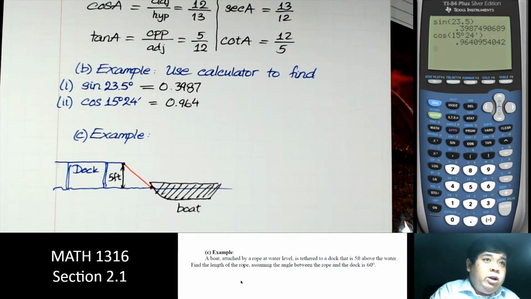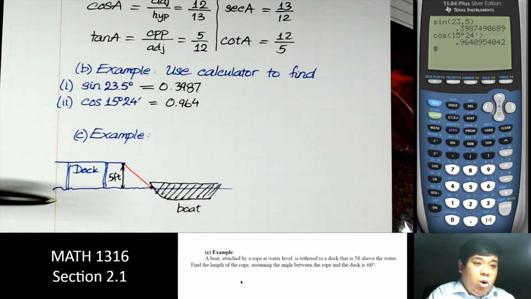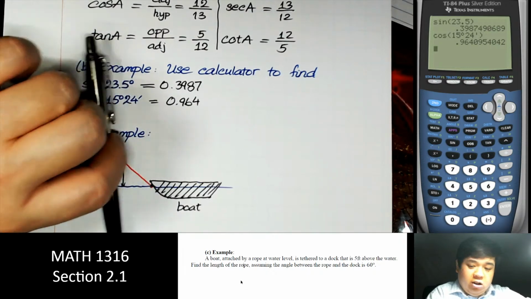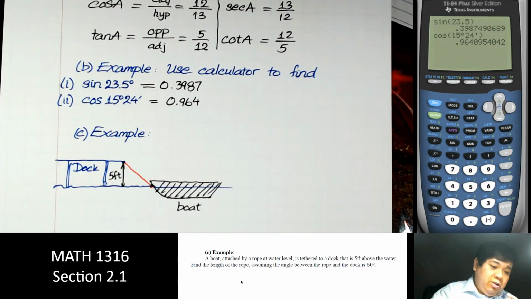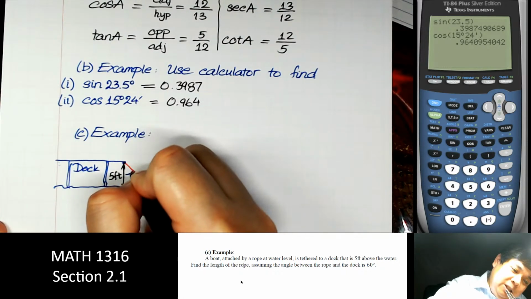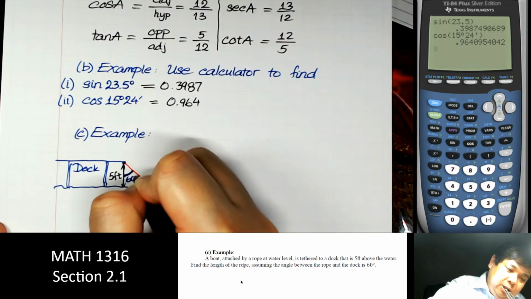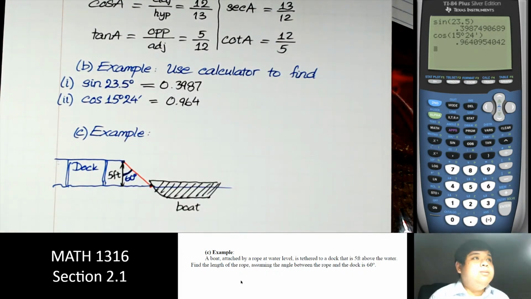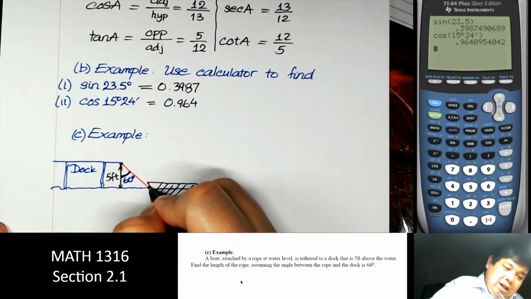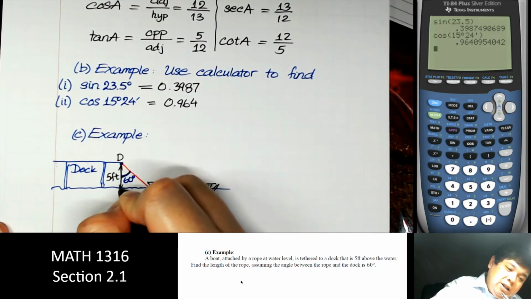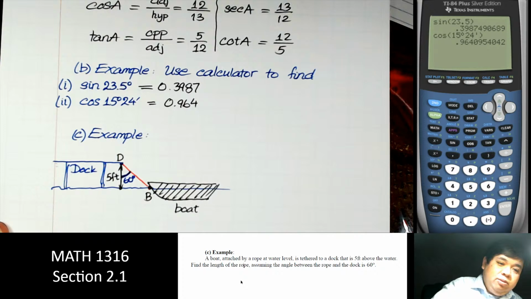Find the length of the rope. Assume the angle between the rope and the dock is 60 degrees. So we have here angle 60 degrees. Here's the boat, here's the dock, and here's the water level.